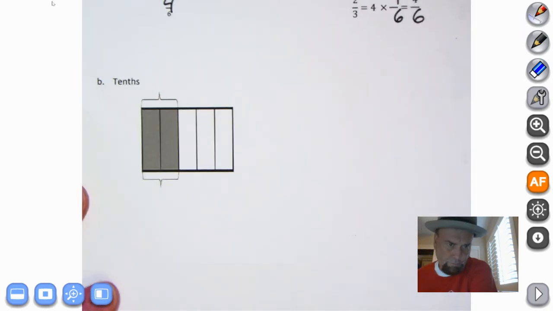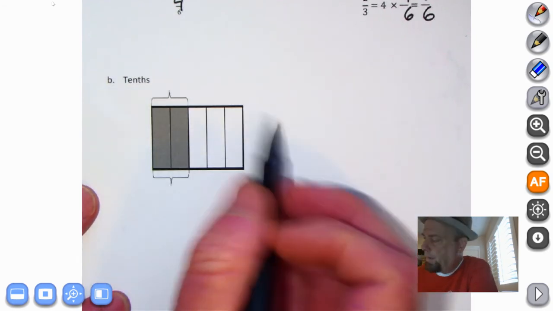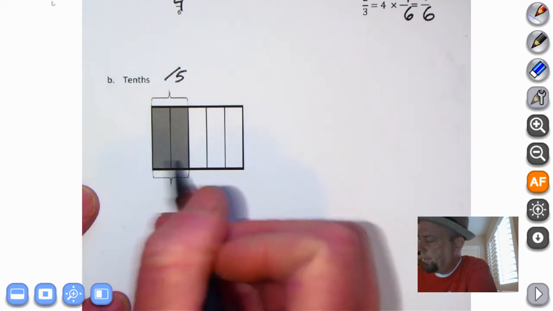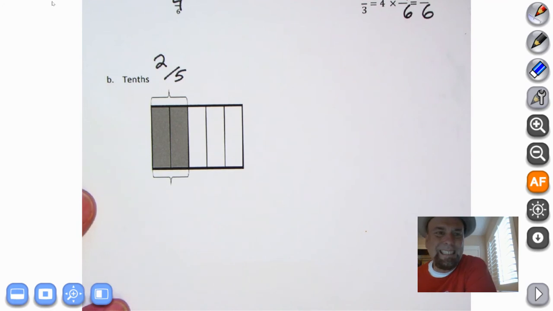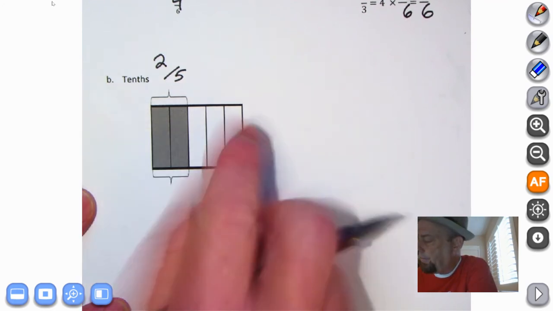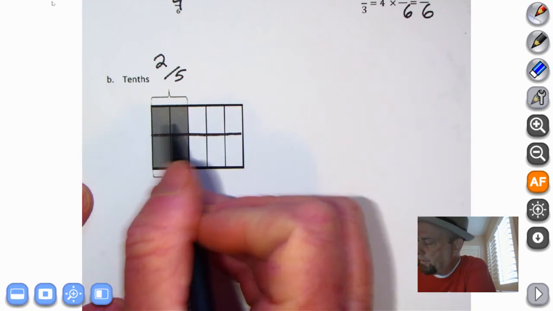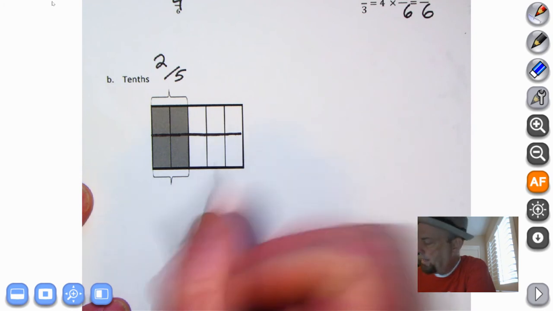And what we have right here is what? What fraction is this? Well, there's a total of 5. So I know my denominator is going to be a 5. How many are shaded in? 2. Okay. But now we're being asked to split this into tenths. Right now there's 5. What if I were to just cut right here? Then what would I have? 1, 2, 3, 4, 5, 6, 7, 8, 9, 10, right?